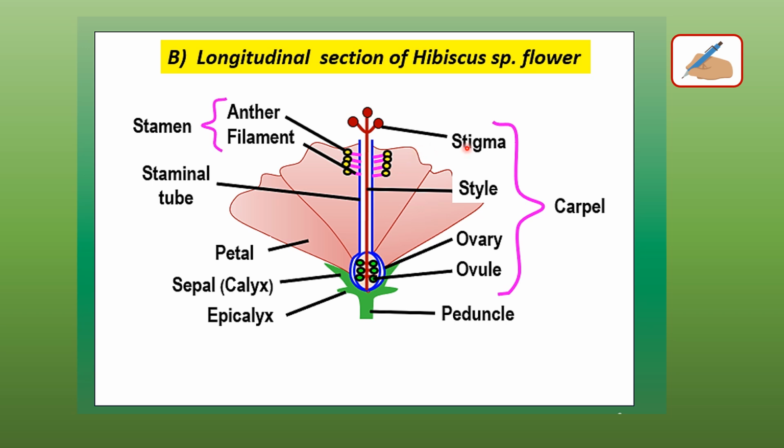Now next, for the carpel, we have four parts. Stigma at the top, and the stigma all joins together to form the style. And then further down here, we come to the ovary, which contains the ovule that produces the egg sac. So notice that the style is right inside the staminal tube here.